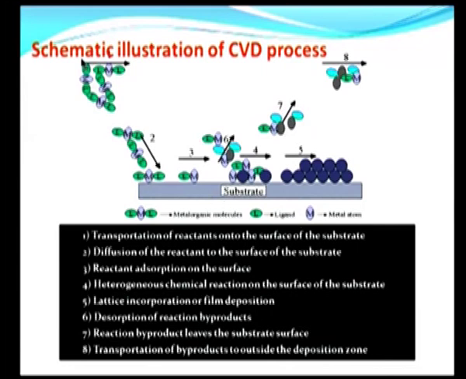So, you have the diffusion of reactants and then the adsorption of reactants on the substrate surface, reaction taking place, and then the mobility of the growth species on the substrate to form this film through nucleation and growth, and then the ejection of reaction byproducts into the chamber, so that they are pumped out and so on.